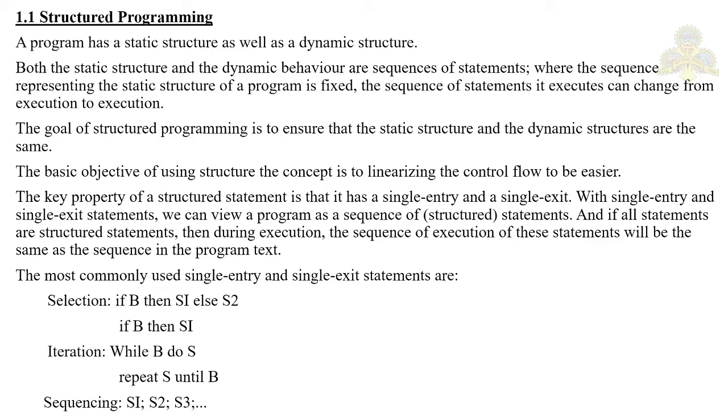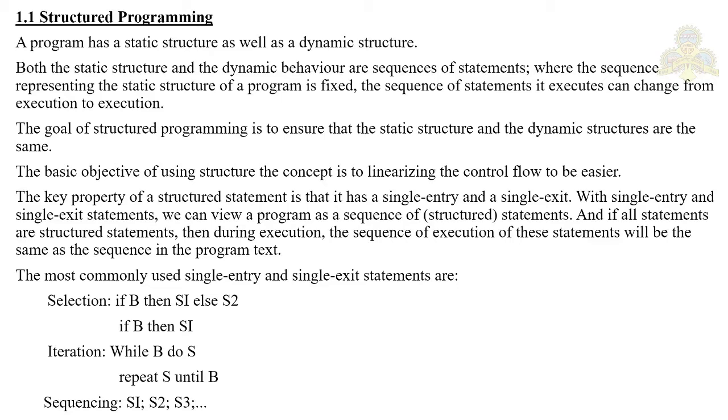A program has a static structure as well as a dynamic structure. The static structure is the structure of the text of the program, which is just a linear organization of the statements of the program. The dynamic structure of the program is the sequence of statements that are executed during the execution of the program.